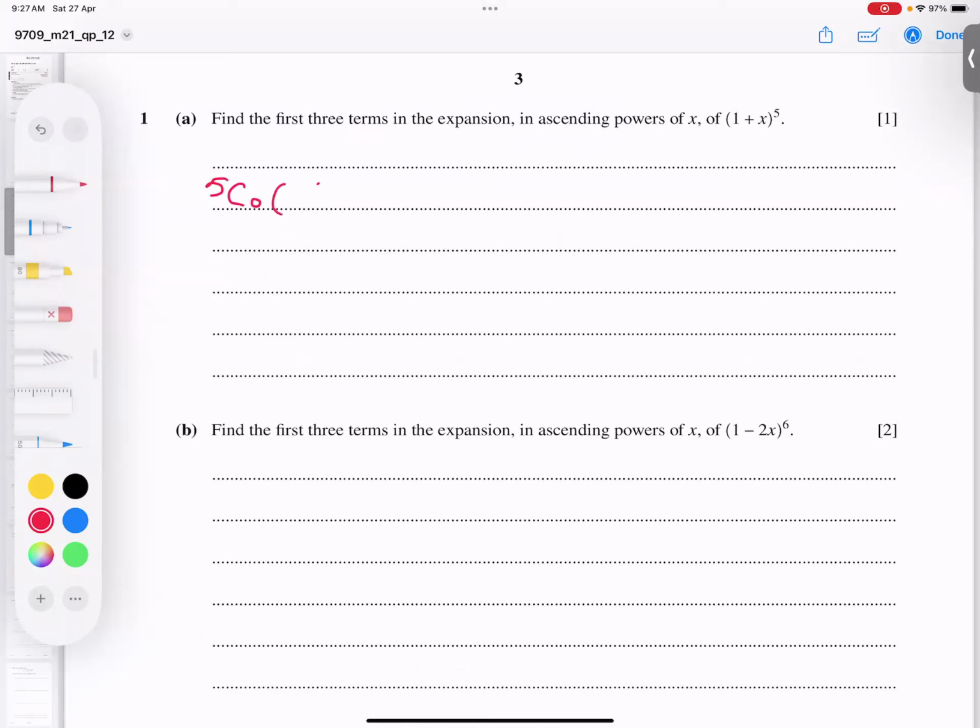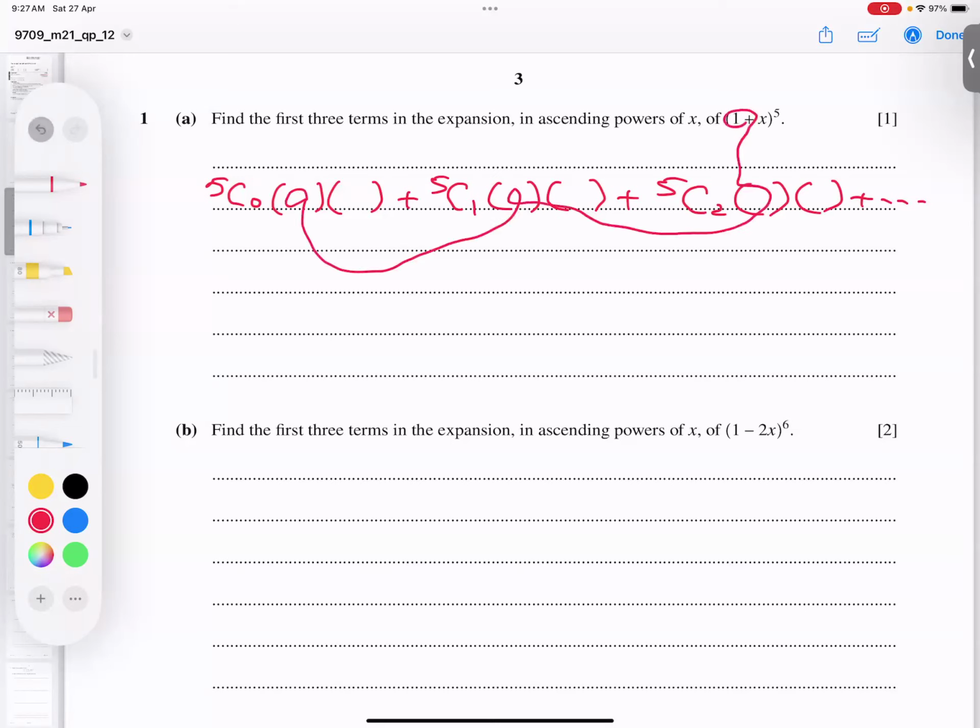5C0. We always put 2 brackets, and plus 5C1, 2 brackets, 5C2, 2 brackets, and so on. In each first bracket, I will copy 1. In each second bracket, I will copy x.